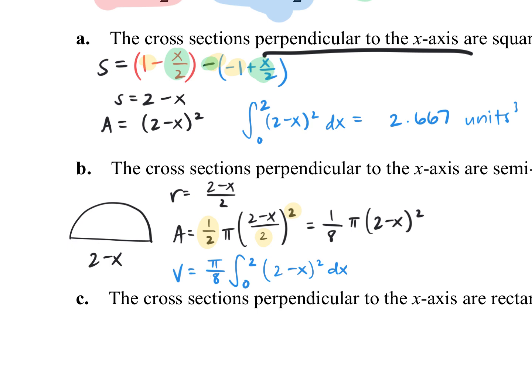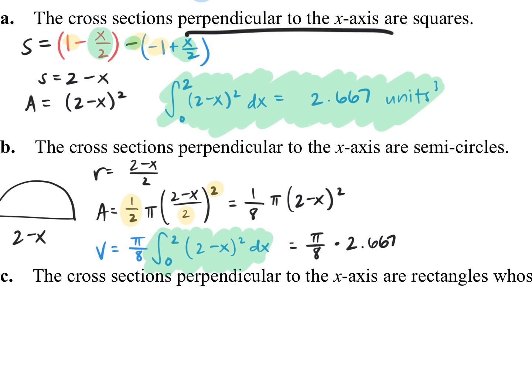And as you see again, we have this from above is equal to 2.667, right? So I can just replace this with 2.667. So then this equals pi over 8 times 2.667 units cubed.